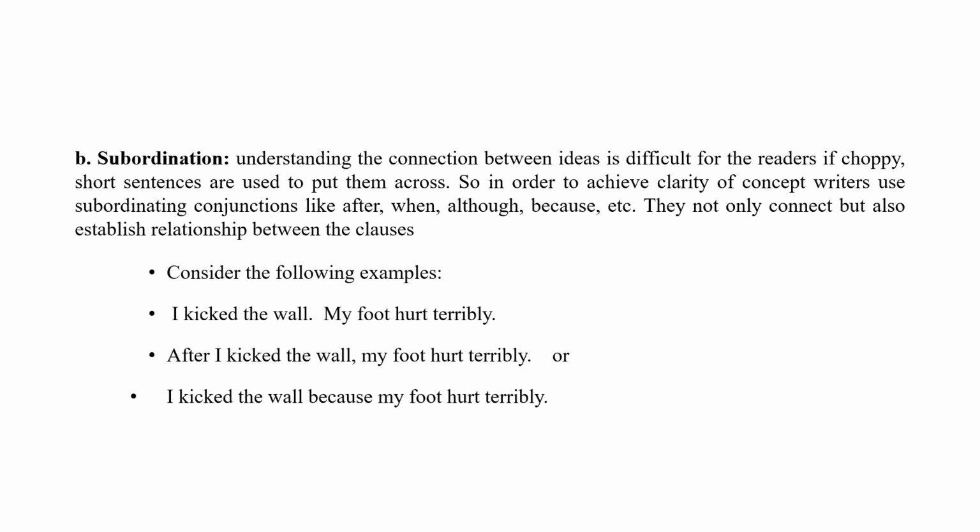Consider the following examples. I kicked the wall, my foot hurt terribly. After I kicked the wall, my foot hurt terribly. Or, I kicked the wall because my foot hurt terribly.